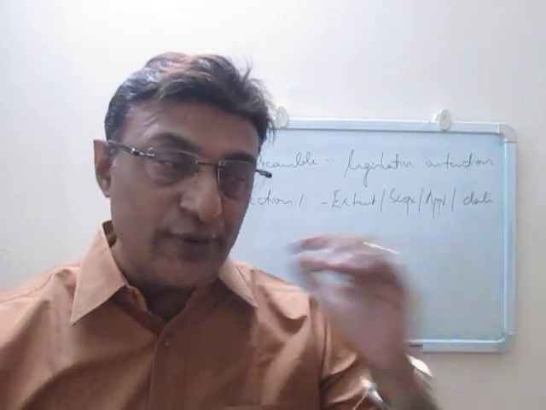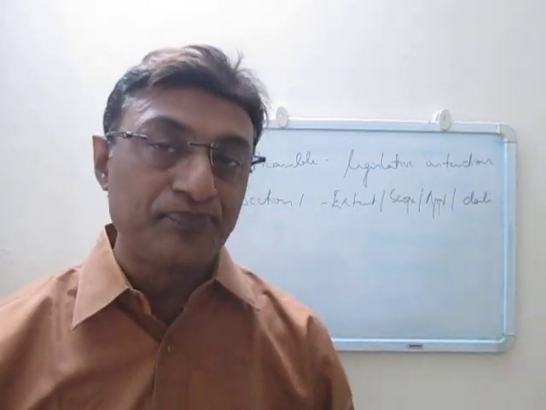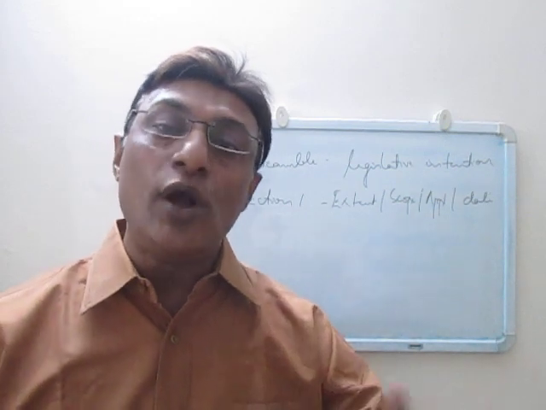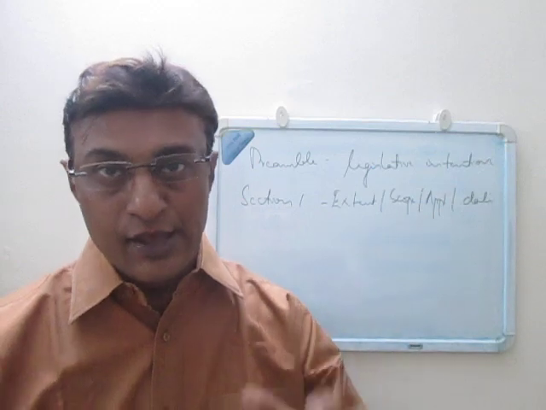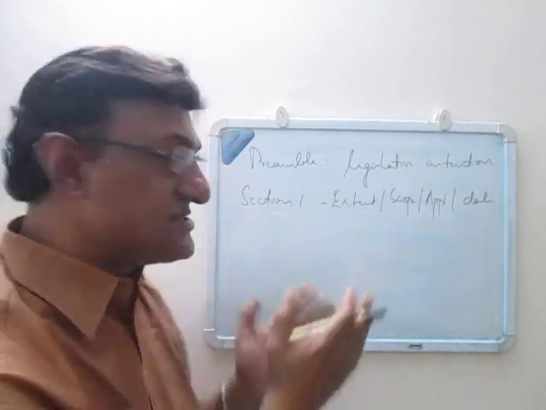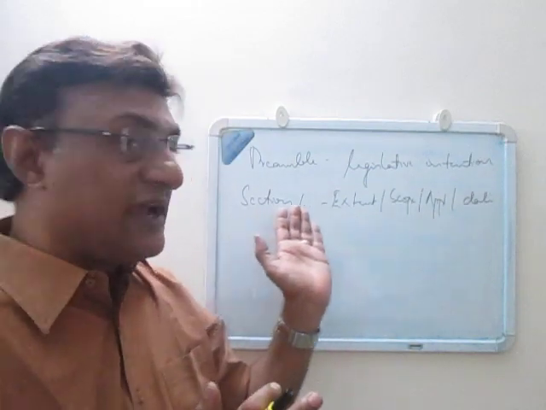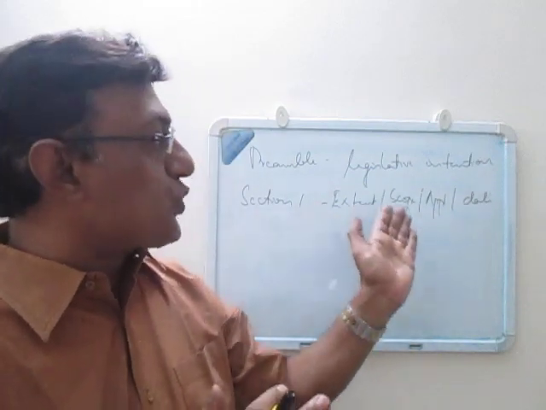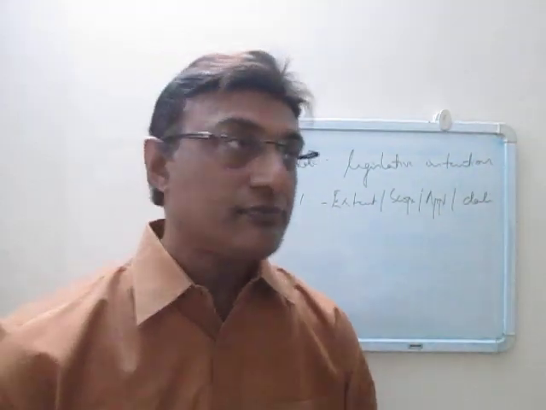Does it extend to the whole of India, or do we have a soft corner for Jammu and Kashmir? And with effect from what date will it come into force? Altogether packaged into Section 1. So Section 1 lays down the extent, scope, applicability, and the effective date of the act coming into force.